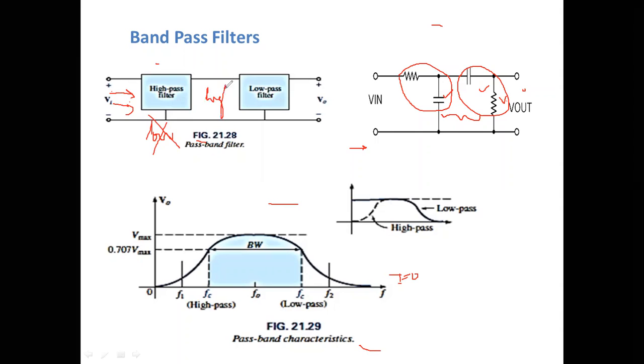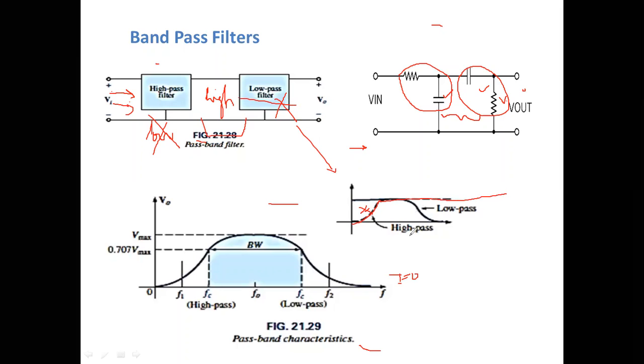Then it will block the high frequencies and allow only a range of frequencies. Considering this case, the low frequencies will be blocked, and it will pass all of these frequencies.